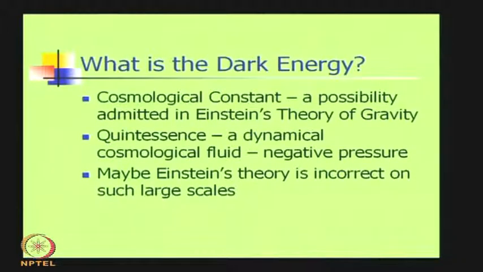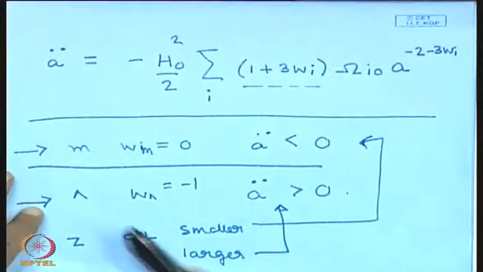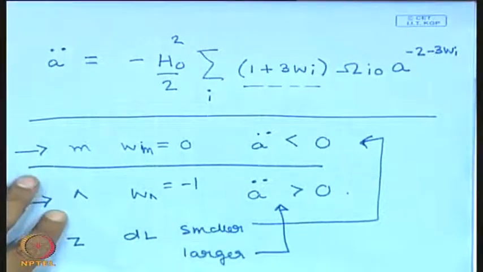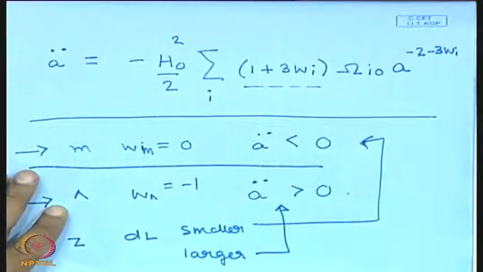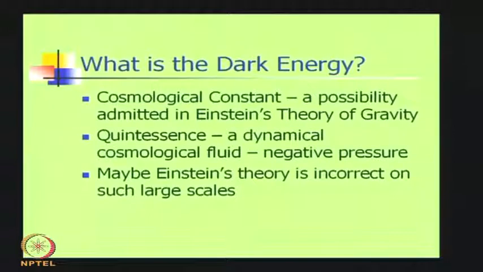So this component of the universe which has got negative pressure is referred to as dark energy. We have already learned about dark matter. Dark matter is something that exerts a gravitational attraction, but you do not see it.